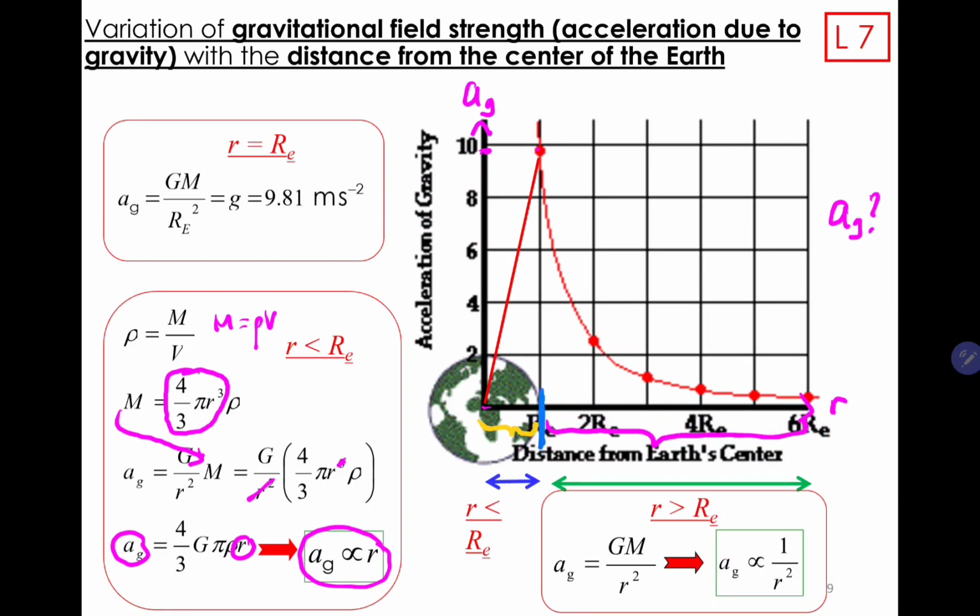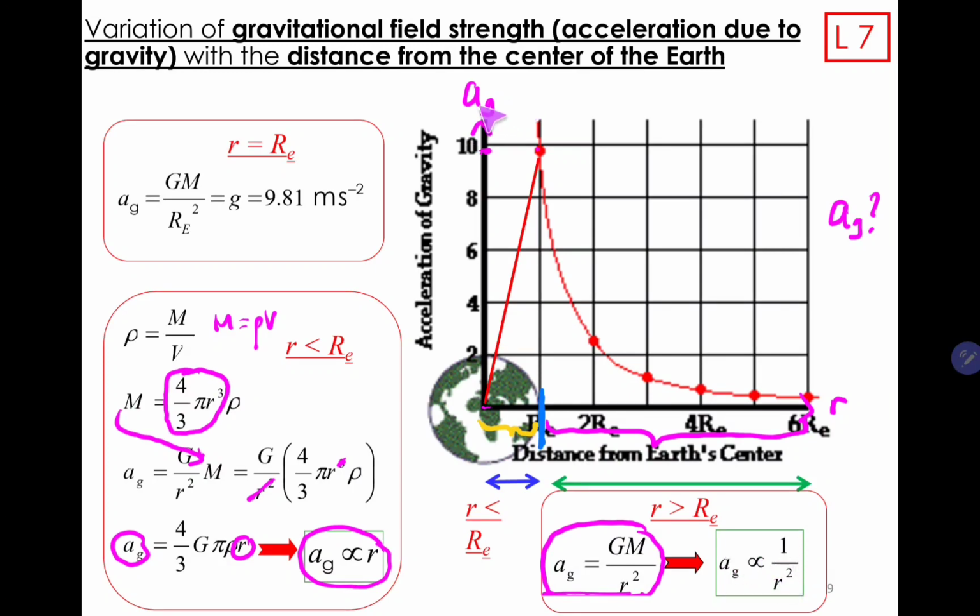Alright, and then above the surface, what happens? Above the surface, we refer to the equation Ag equals GM over r squared. In this case, Ag and r squared are inversely proportional.